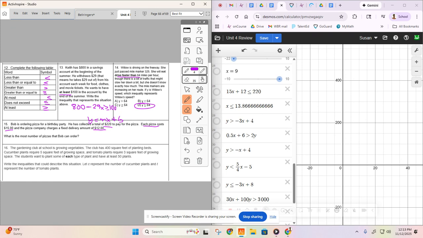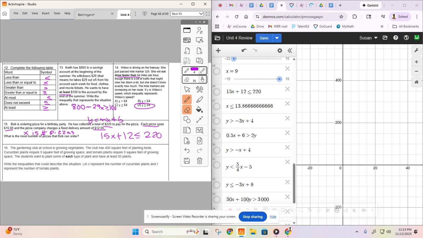Each pizza is $15, so X is number of pizzas. So I'll have 15x plus that beginning fee of 12, and this amount has to be less than or equal to 220.